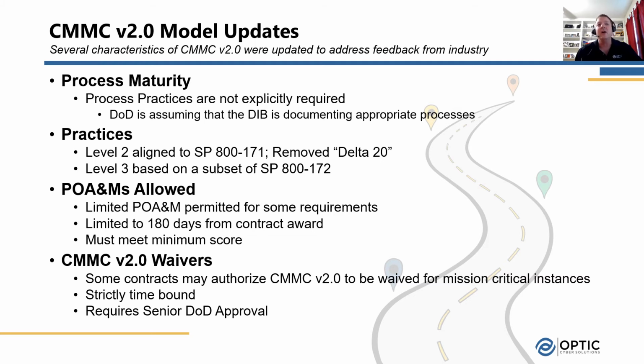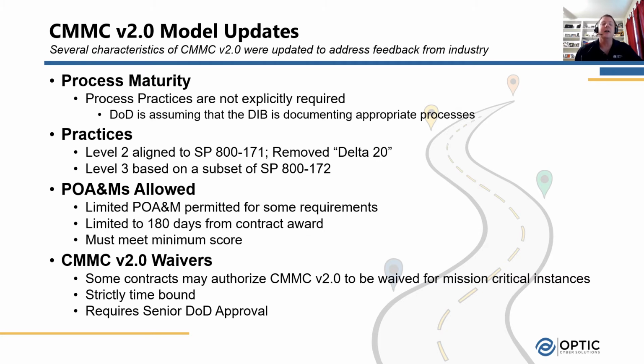Monitoring audit logs obviously does affect the security of the system, but doesn't directly attribute back to the confidentiality of the data. So those Delta 20 practices have basically been realigned back to the organization, saying you're responsible for making sure that you're doing those things, and we know you are because you have a sound business and you want to stay in business, so we're not going to assess those. We're only going to assess the requirements that are directly protecting the confidentiality of that CUI information at level 2.